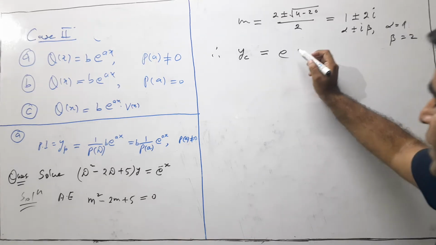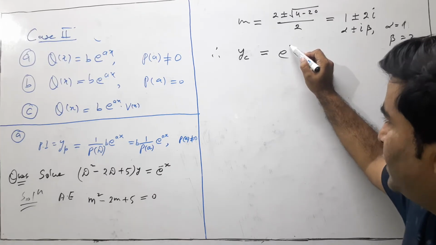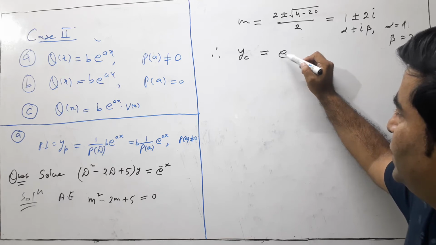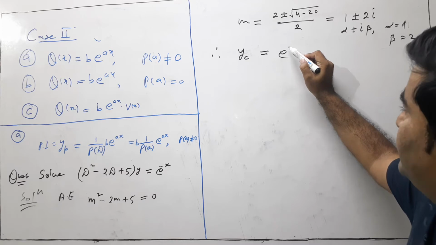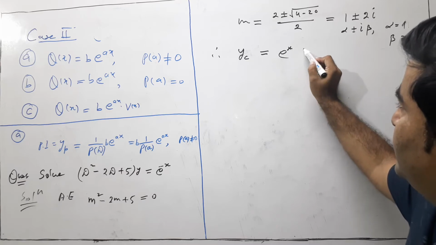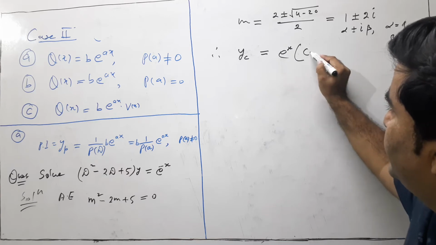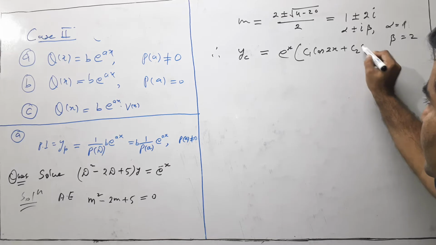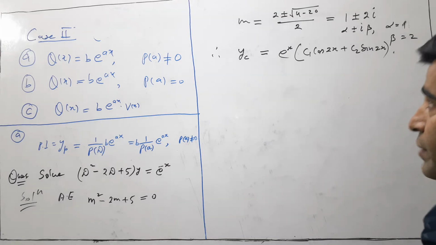So we write the solution like this: e to the power alpha x, and alpha is 1, so e to the power x, into bracket c1 cos beta x, meaning cos 2x, plus c2 sin 2x. This is the complementary function.